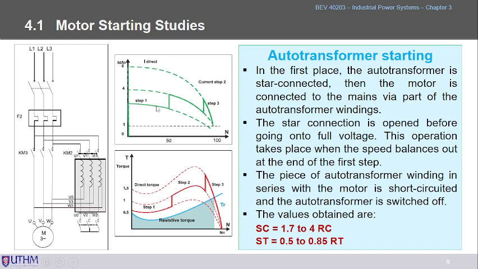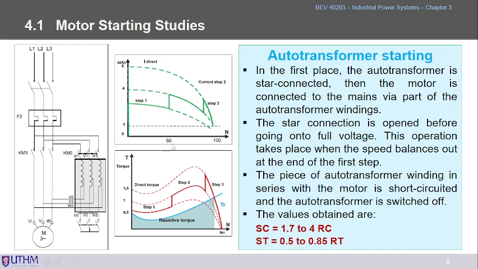So during step 1, we tap at the lower percentage of the winding. That means we start the motor with a partial winding of the transformer. That means we reduce the voltage. And here n is the speed in RPM.